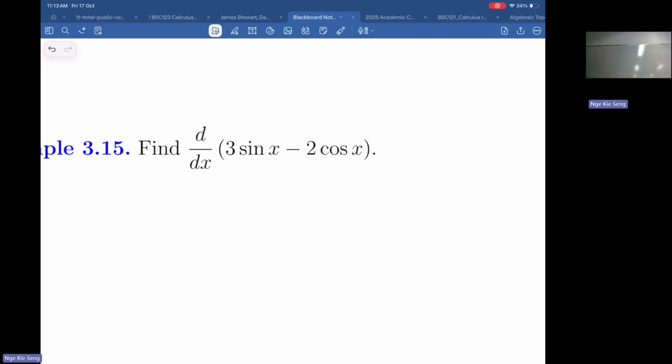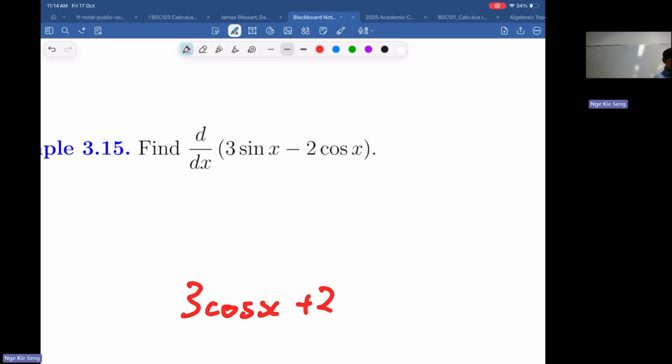How about you tell me the answer first, and then we see if we can figure out the steps? What's the answer? A plus 2 sine x. Do you really not want to try the steps? Your next step is also this answer.